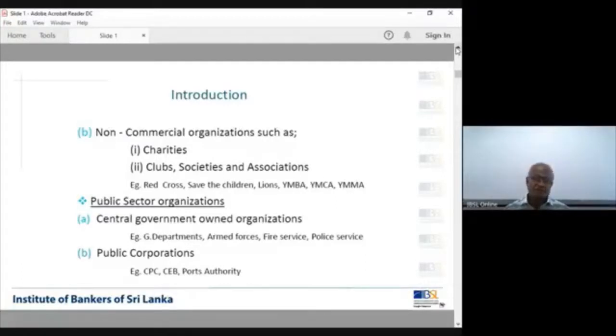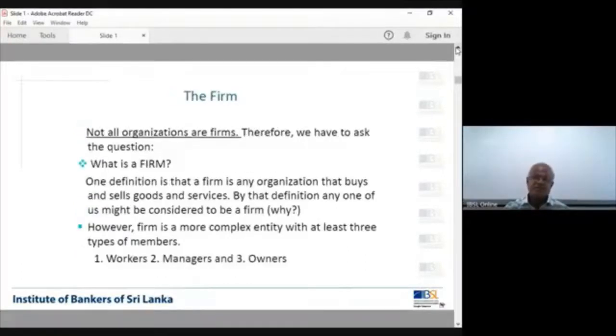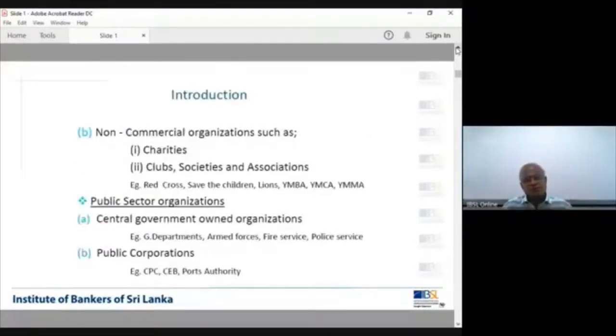Public sector organizations. Again, we have the central government-owned organizations: government departments, the education department, the health department, the armed forces, 100% central government. Fire services, the fire brigade, public services. In almost all countries, the armed forces, fire services and police services come under the supervision and management of the central government, right?